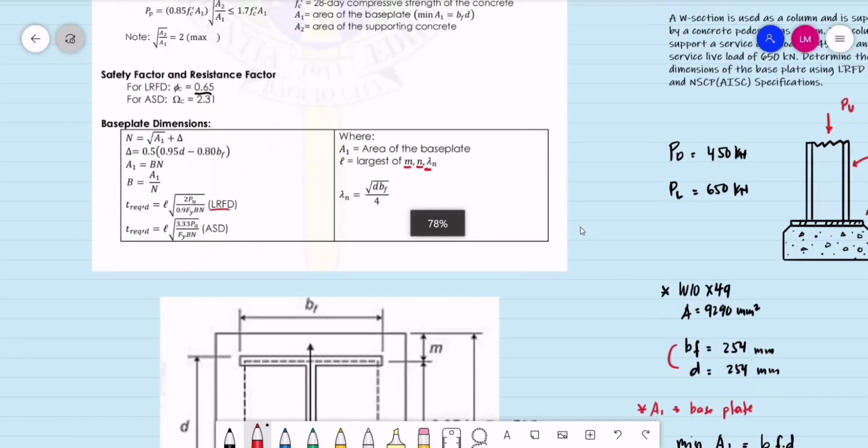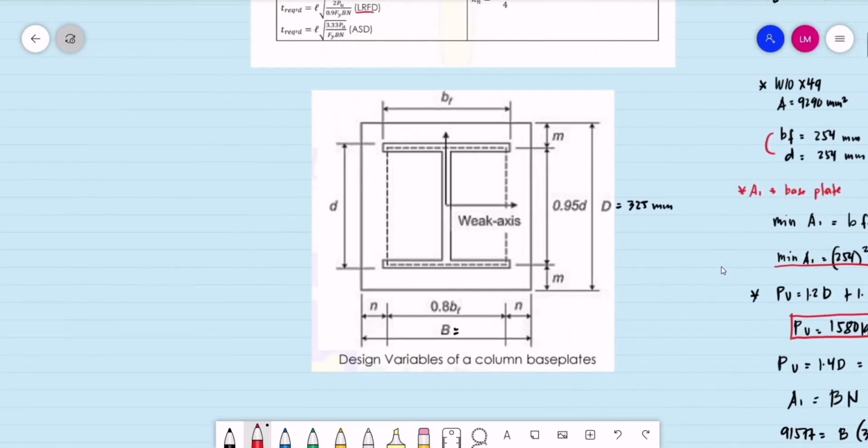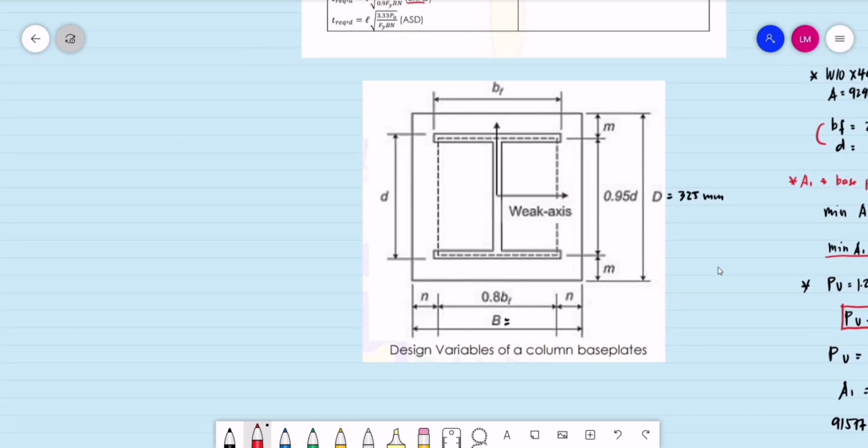Based on our figure, how do we compute for the value of m? Twice m plus 0.95 of d is equal to the capital N, our N a while ago. So if we are computing for m, that is equal to N minus 0.95 d, then to be divided by 2.